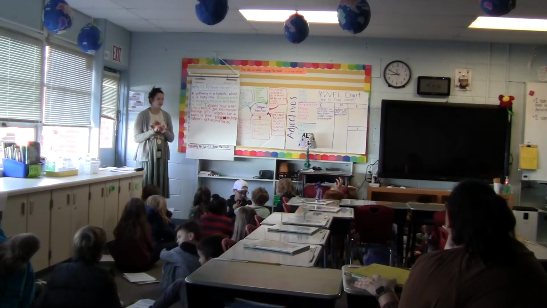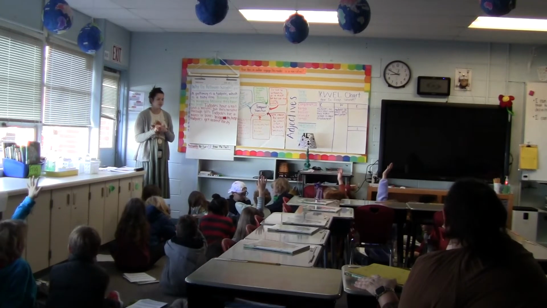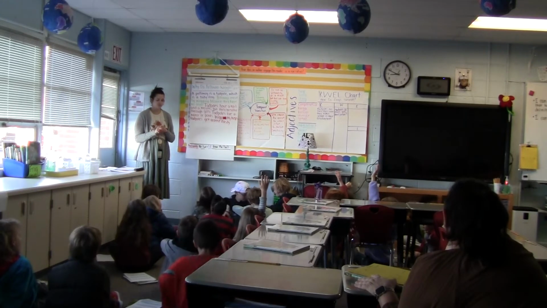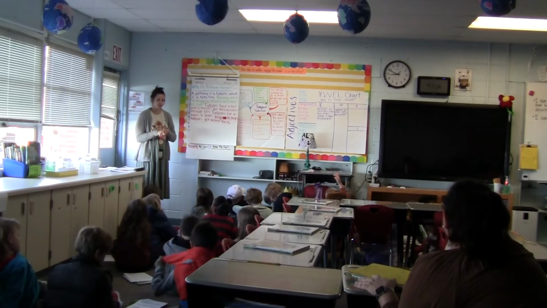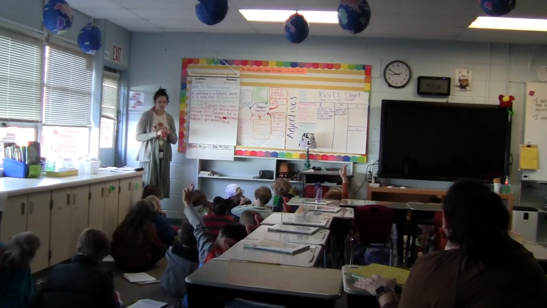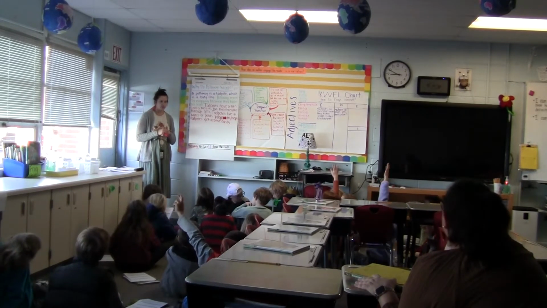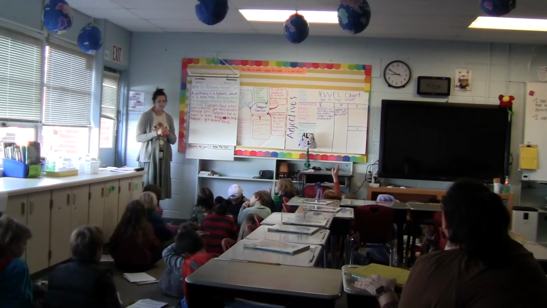What could you compare it to if you were going to compare it to something in your sentence? Liza, what would you compare it to? What does a polywog kind of look like when it moves?